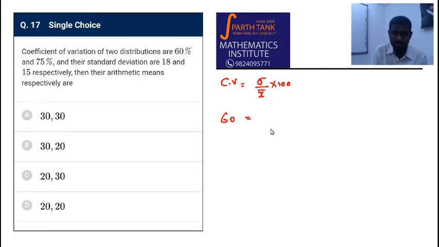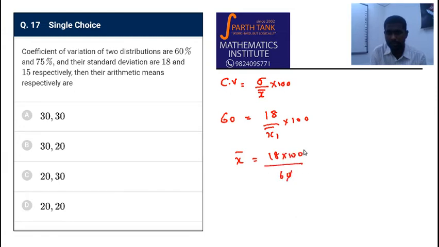So the first one standard deviation is 18 by x bar 1 into 100, or I can say that x bar is going to be 18 into 100 by 60, or 3 times, which is 30. So the first one is 30.